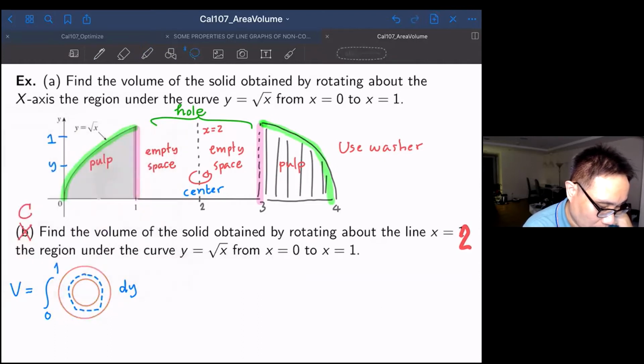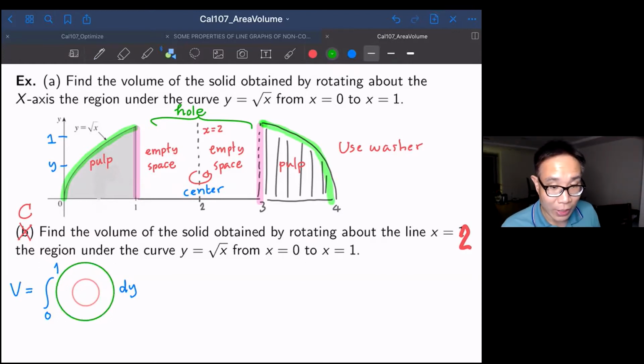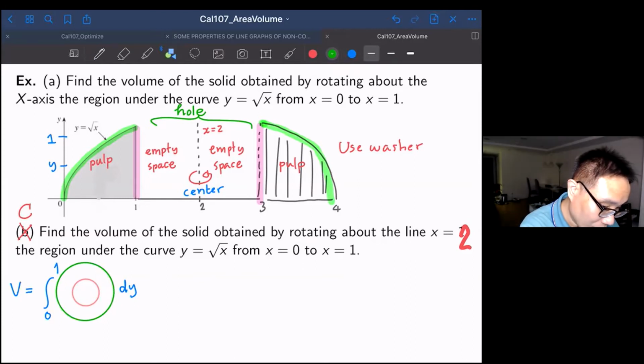I'm not able to change it, so let me erase. So in this case, you have this picture. You have the green outside and the pink inside, and the center is the blue color. So you have the center.